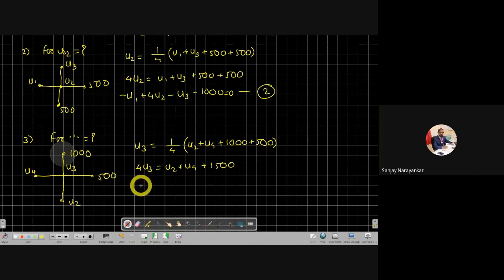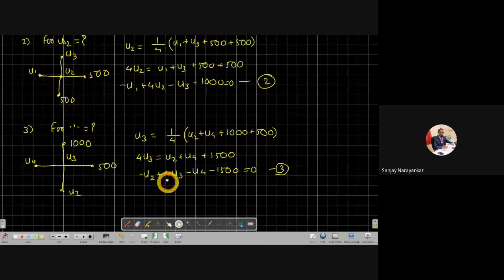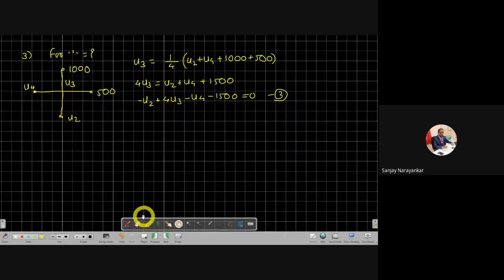Now simplifying this equation, taking all these terms to the other side: minus u2 plus 4u3 minus u4 minus 1500 is equal to 0. So this is equation number 3. Similarly, we are writing the equation for u4. The fourth is for u4.